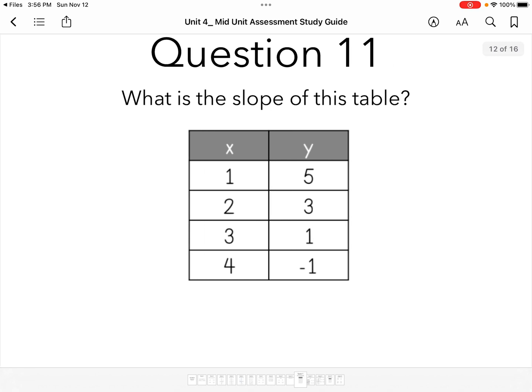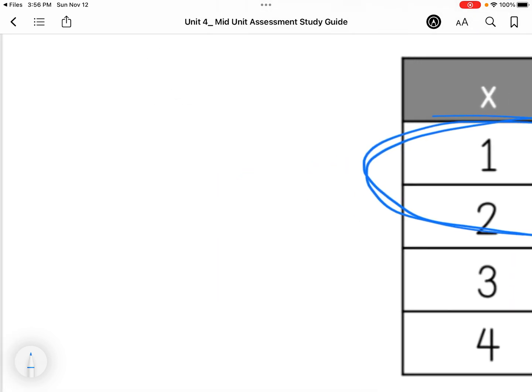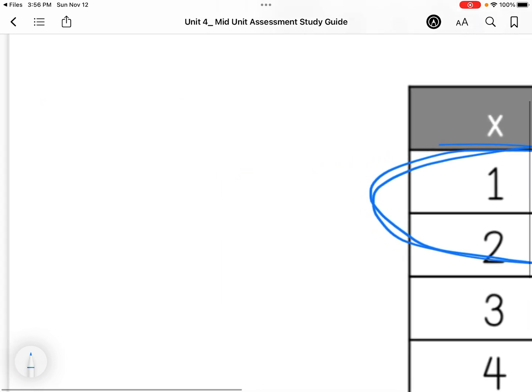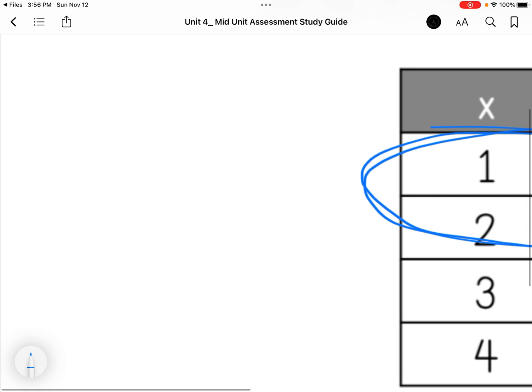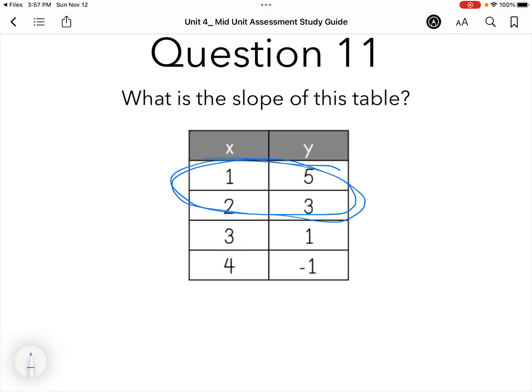All right, what is the slope of the table? Again, you're going to pick any 2 rows. I always pick my top 2 rows unless they're fractions, because if we can avoid fractions, let's avoid them, unless you're really comfortable with fractions. Let's do our y. y2 minus y1 divided by x2 minus x1.